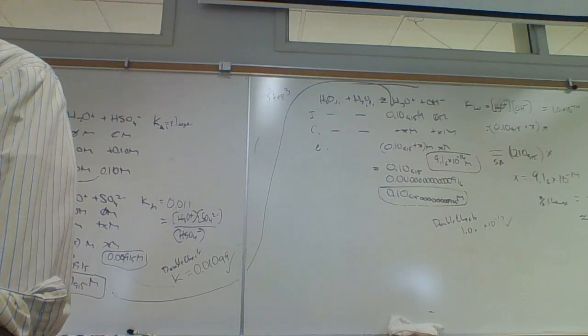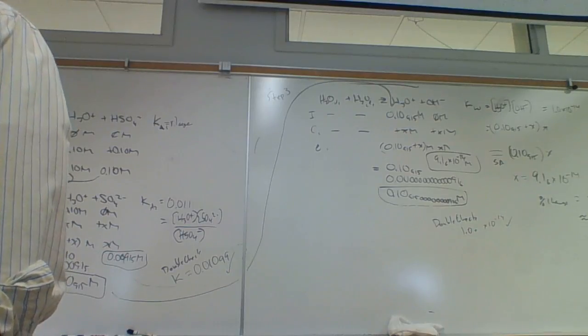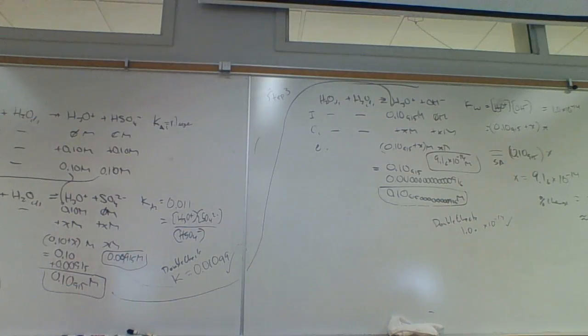The correct method is to solve all these using the other method, simultaneous. Stepwise isn't correct because really we have to solve these simultaneously, for all the common ions have to have the same equilibrium concentration. And the only way to get that is doing it simultaneously. But this is so close that it's acceptable.